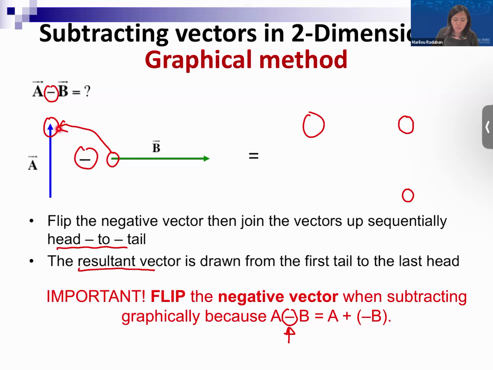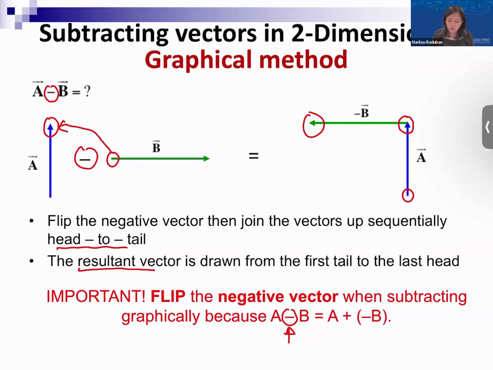So here you're subtracting vector B from vector A. Vector B is therefore negative. Notice how you draw the vectors again using the head to tail method. Vector A joins up with vector B such that the tail of vector B connects with the head of vector A. But notice how the direction of vector B is flipped compared to the original vector here.